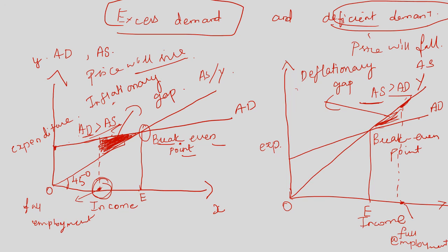Next, in this topic they will ask measures to control excess demand and deficient demand. Since you have already studied the banking lesson, I am telling you: you know monetary measures, fiscal measures, government policies, taxes. Monetary measures means qualitative instruments and quantitative instruments. When there is excess demand, what should be increased and what decreased? When there is deficient demand, what should be increased and what decreased? That is measures to control excess demand and deficient demand.